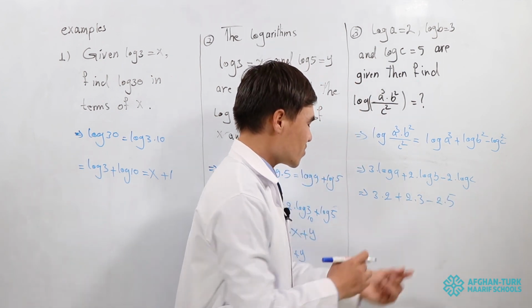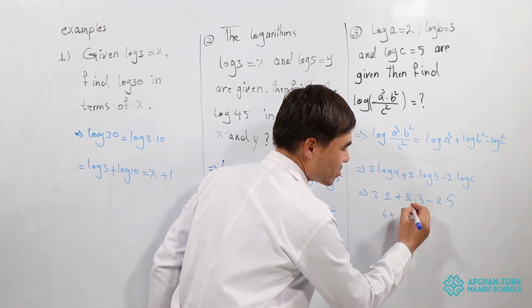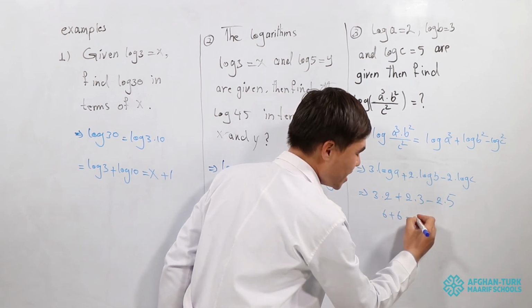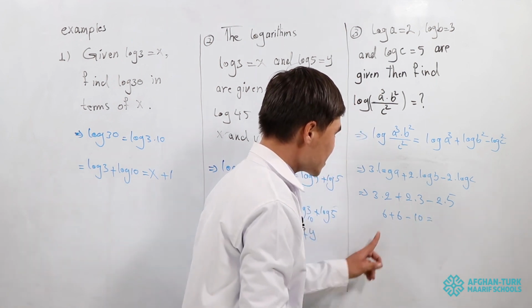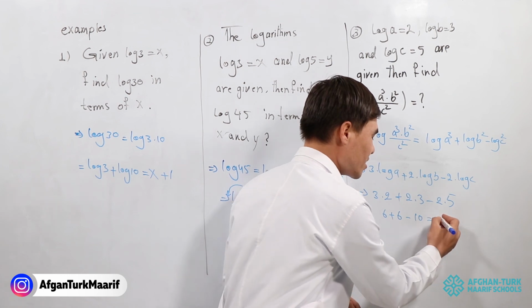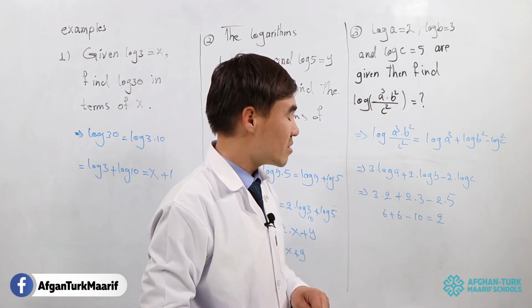Let's simplify this one. 3 times 2 will be 6, plus 2 times 3 will be 6, minus 2 times 5 will be number 10. And then 6 plus 6 is equal with 12, minus 10 will be 2. The answer of this question is equal with the number 2.